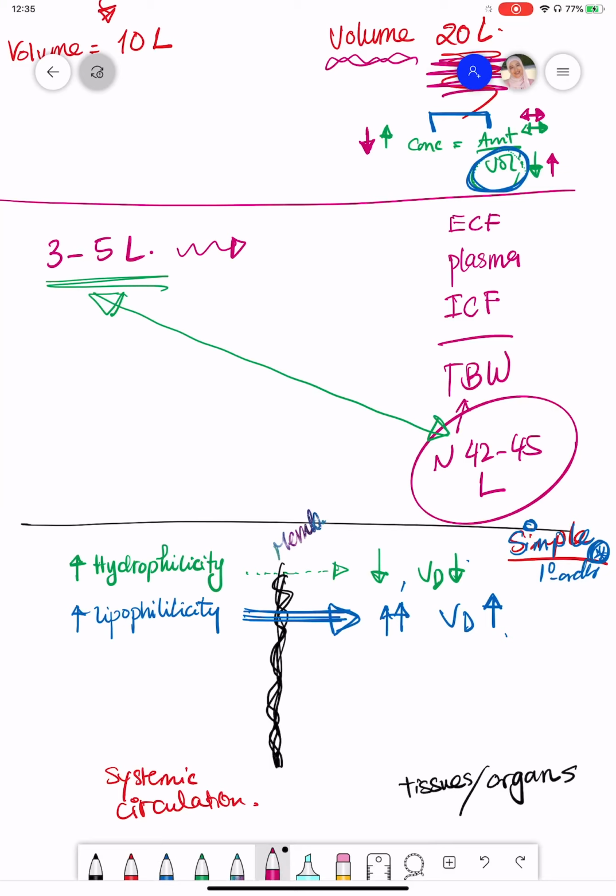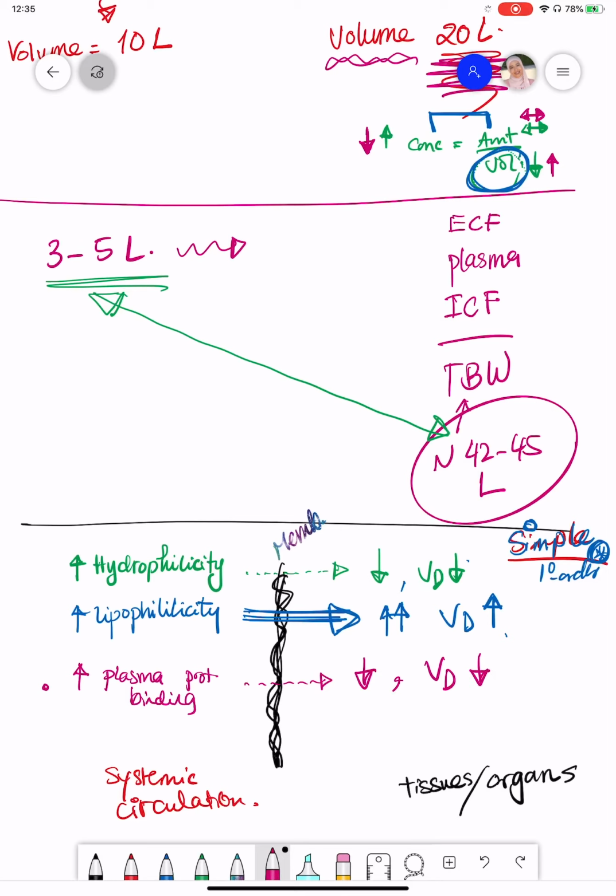Another thing, if we are talking about drugs with a higher plasma protein binding. Okay? If the binding at this site is higher, it means that the transportation or distribution to tissues and organs is less, which means that the measured apparent volume of distribution would be less.